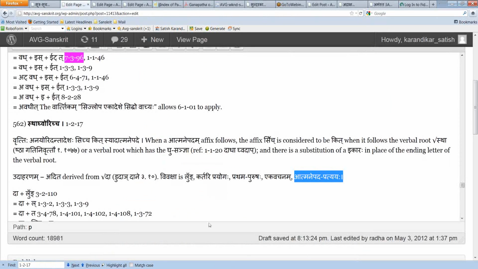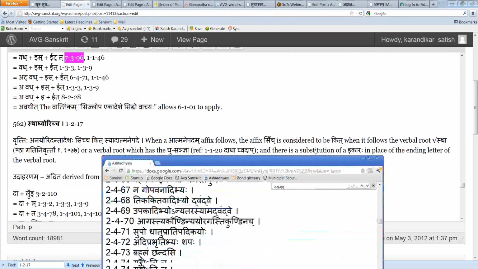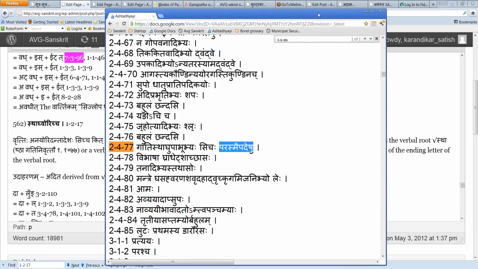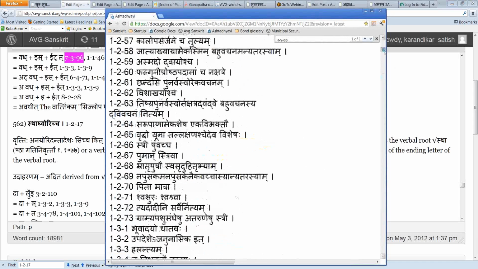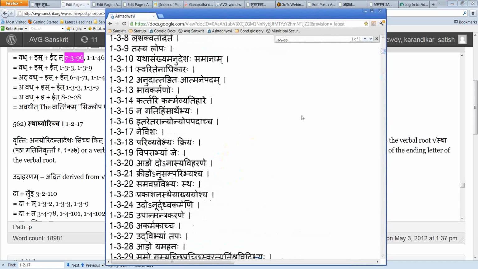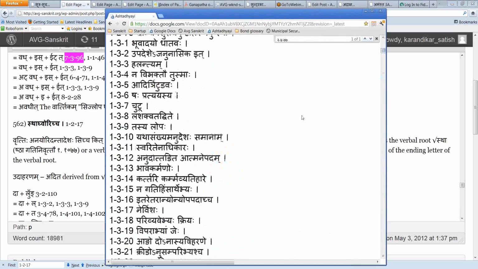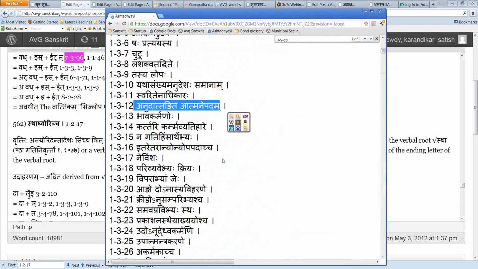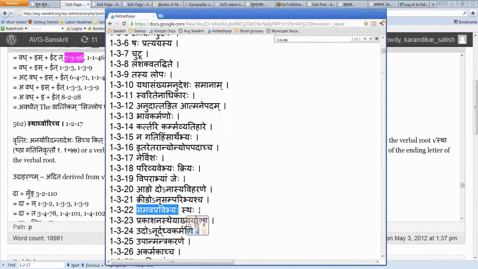There are also special rules in 1.3. And in that, we talk about Atmanipadam, Parasyapadam, special situations. And there we have special rules for the Dhatu Stha. So if you want to do some homework, you can look at this section about Atmanipadam. And there we have Samava Pravibhyastaha. Especially when preceded by certain upasargas, Stha will take Atmanipadam.